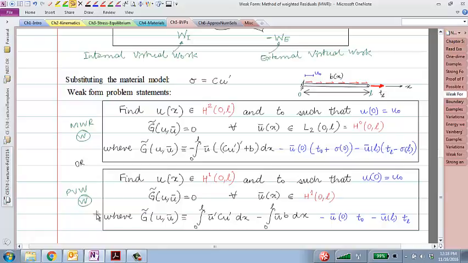I'm just plotting how the displacement function might look, that you would not expect kinks in the solution for that displacement, right? In the column example that we looked, displacement was a quadratic function, nice and smooth. But this PVW weak form of the problem will allow for solutions that have kinks in them.